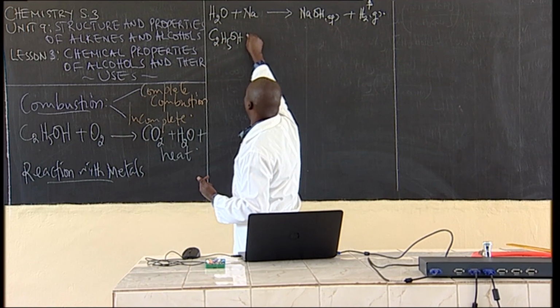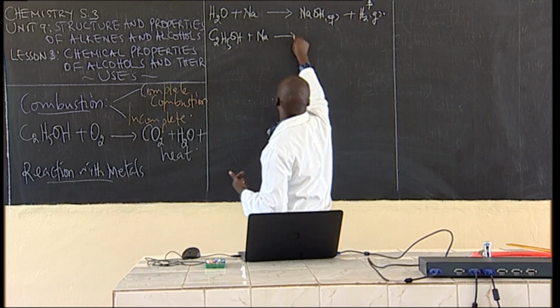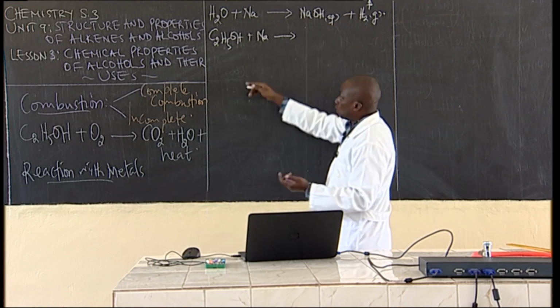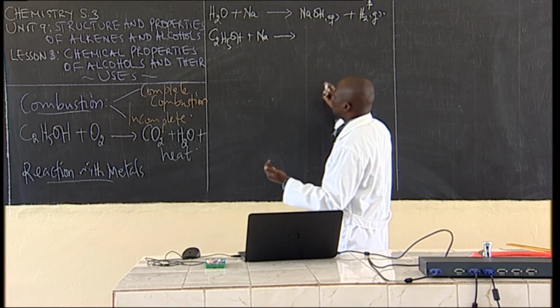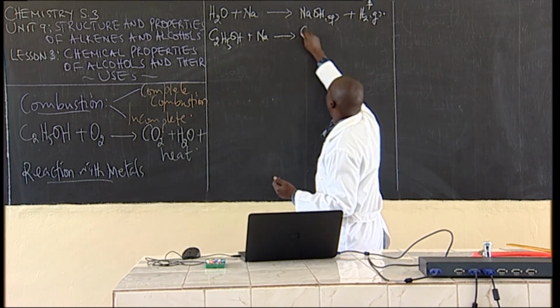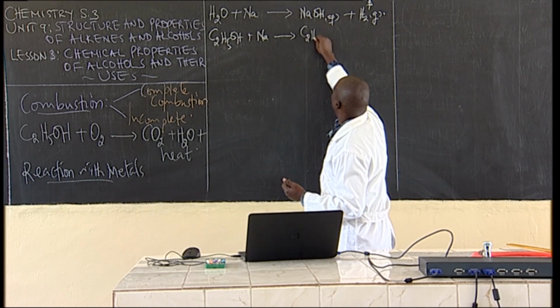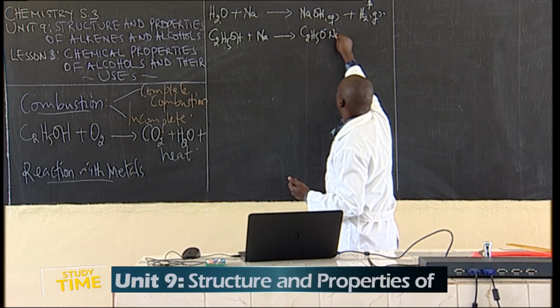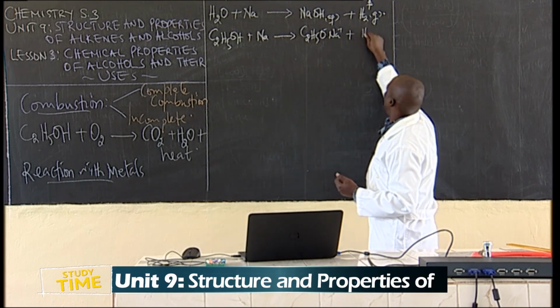reacts with sodium metal to form the salt of that metal, which is sodium ethoxide. So we have C2H5ONa, plus hydrogen gas.